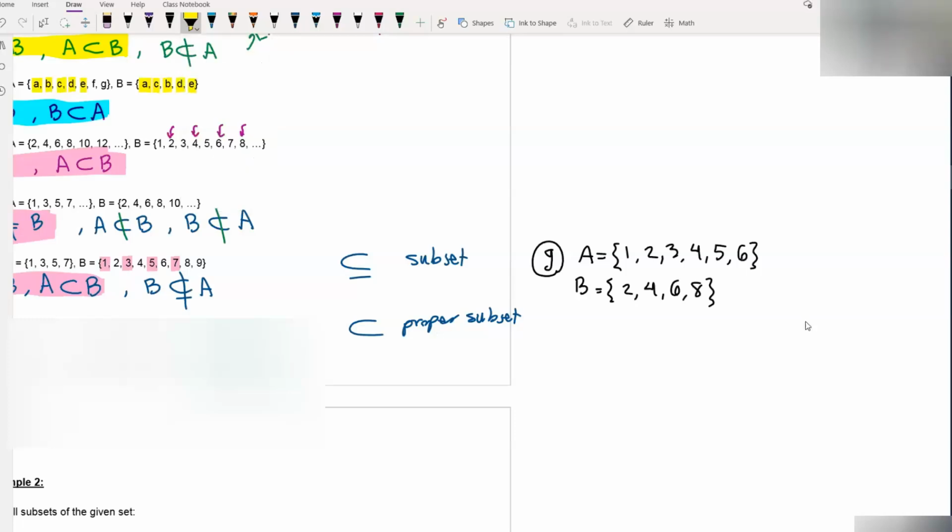Now let's compare A and B. Do I have all members that are inside B at the same time inside A? 8 doesn't belong to set A.